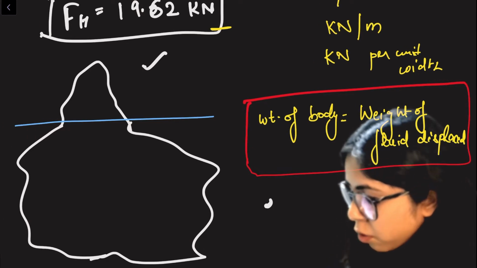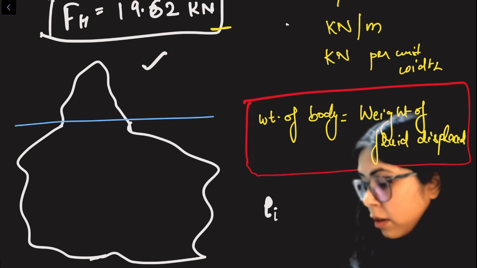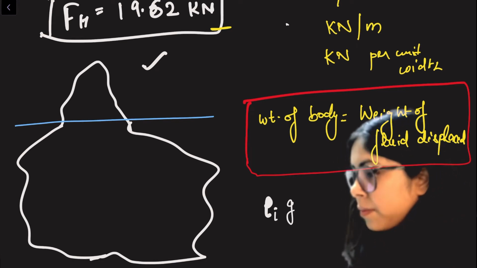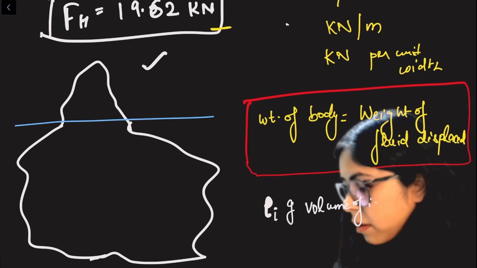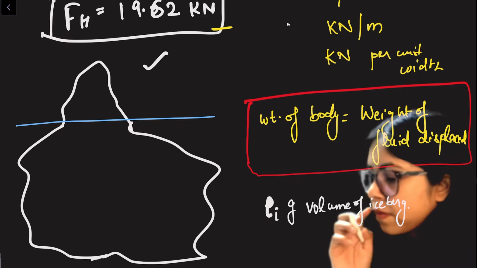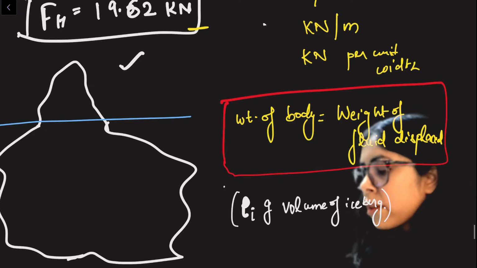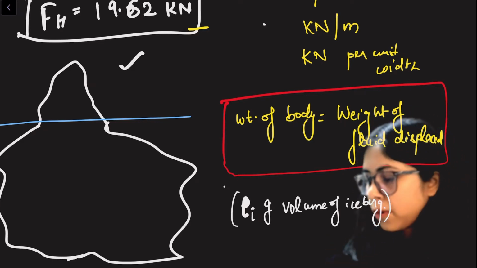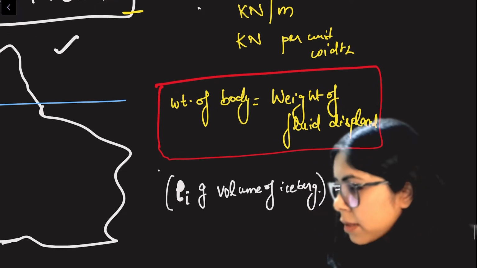How can I calculate? Rho of iceberg, let's say I for iceberg, rho G, and V, volume of iceberg. Okay, so rho G is nothing but the unit weight, okay, into the volume. It will give you the weight of the body is equal to weight of fluid displaced. How will I calculate the weight of fluid displaced?